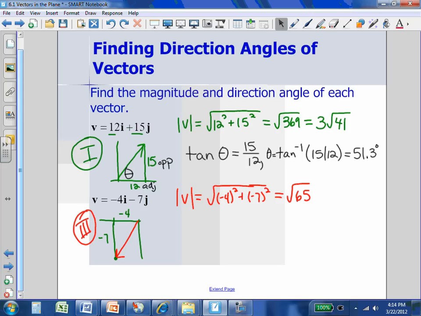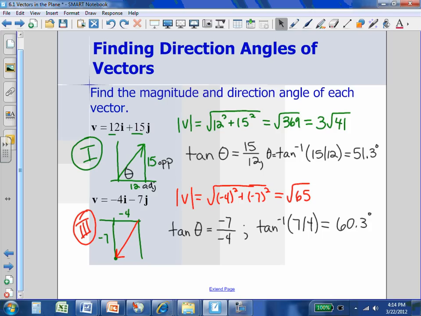So we'll start out doing what we had done before, that the tangent of theta is b over a, so -7 over -4. So what we're going to do then is take the inverse tangent of, well, that would be 7/4 when it reduces. And it's going to tell us that the angle is 60.3 degrees. Now keep in mind we're in the third quadrant.